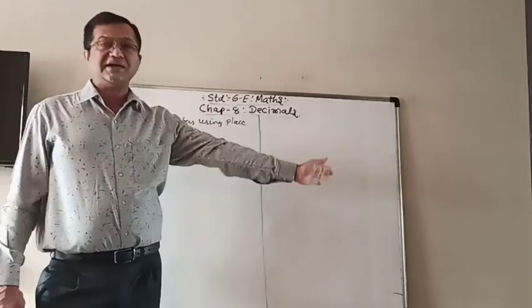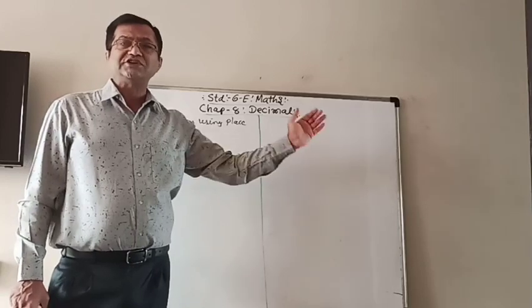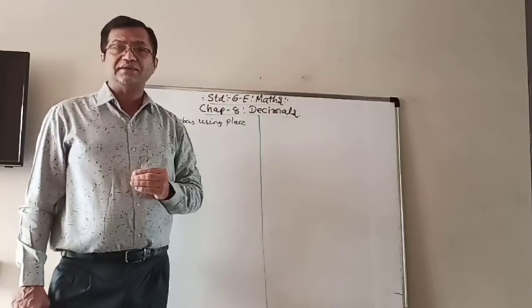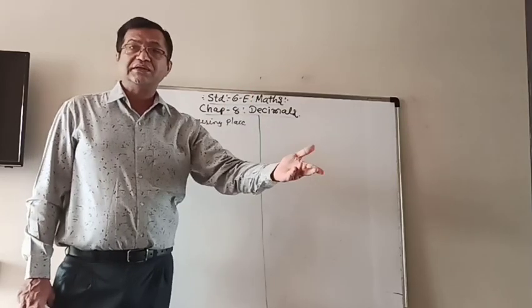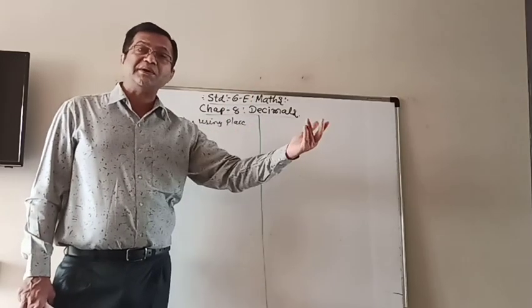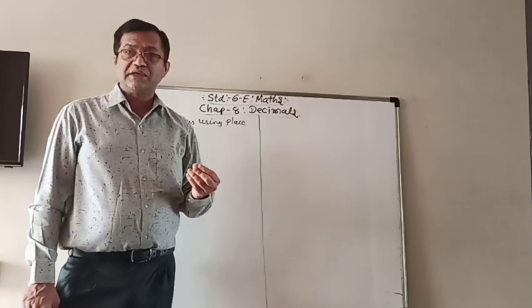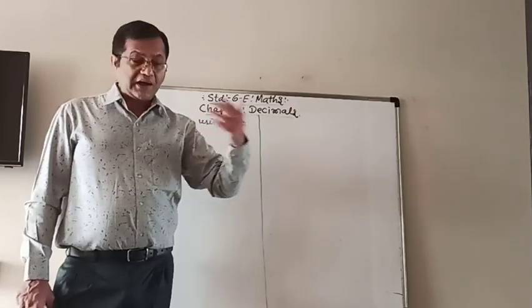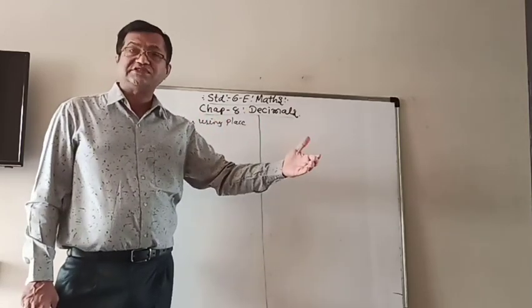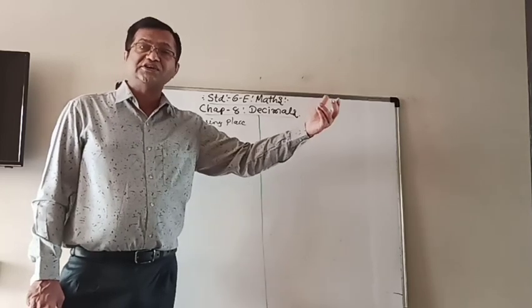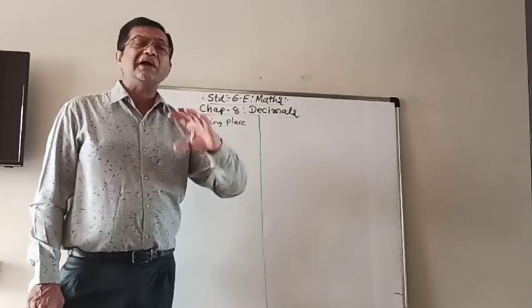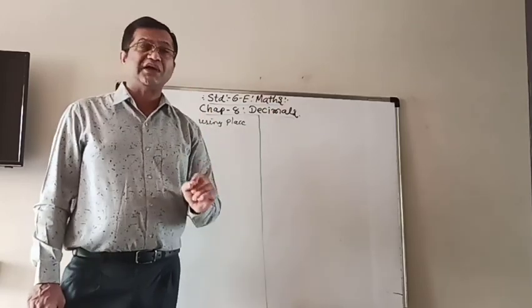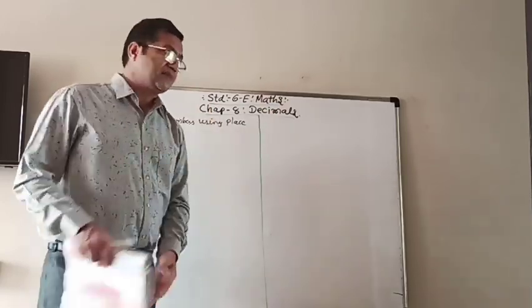When we go to the right side, the place is divided by 10. So when we divide the ones place, the next place will be the tenths place. After that you will learn hundredths, thousandths, etc. But for now, only one place after the decimal, known as the tenths place, we learn.